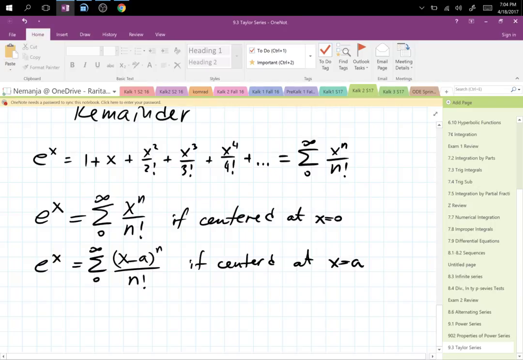Now, if you are computing e to the 3.1, you will center your expansion at x equals 3, and then whatever polynomial you get, you will compute that at 3.1. But how many terms do you get to use?